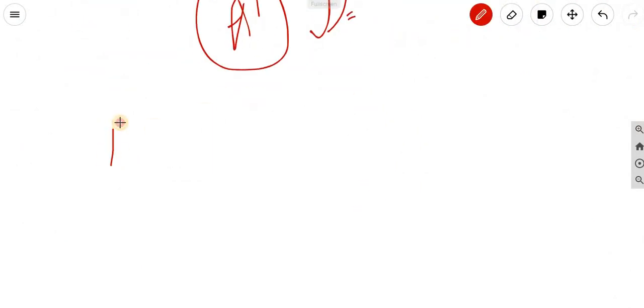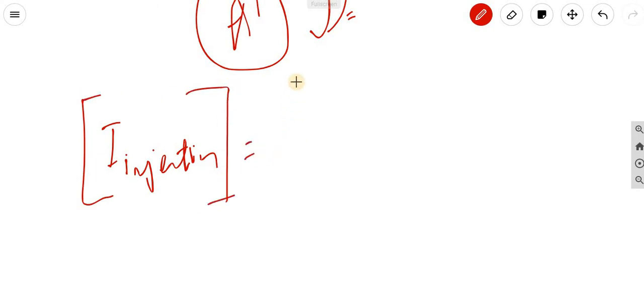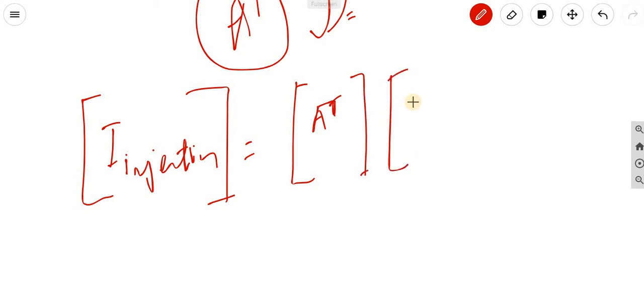So simply we can see that this is the current injection matrix for the network, where we will get the A transpose and the equation of I primitive.